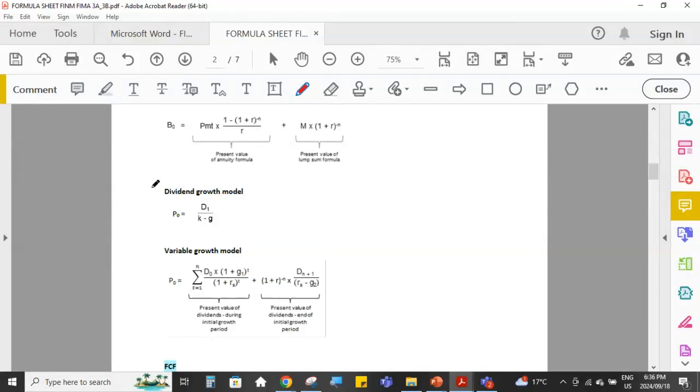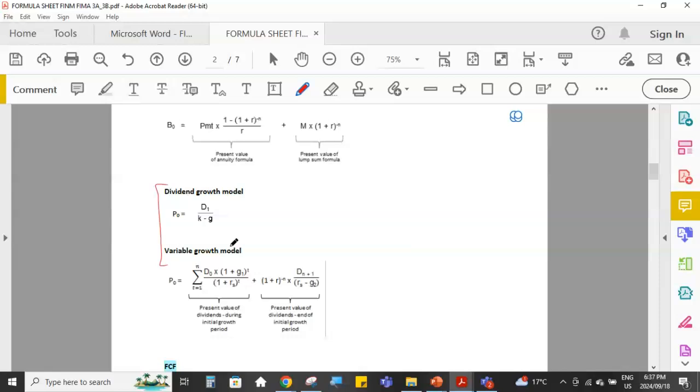Take note that there are 2 versions of the dividend growth model. The first one, if you remember from your textbook, is the stable dividend growth model, where the growth rate is going to be stable for the foreseeable future and not change.